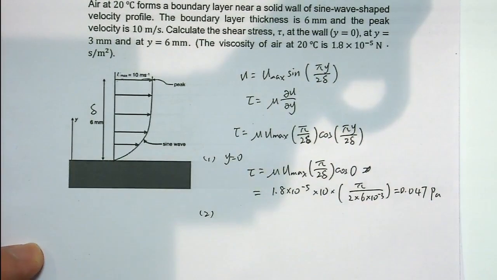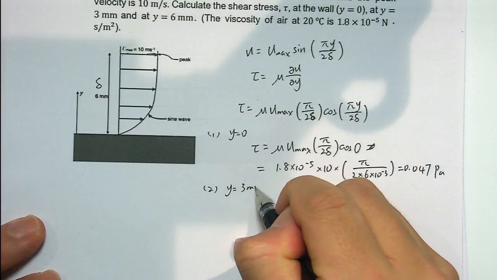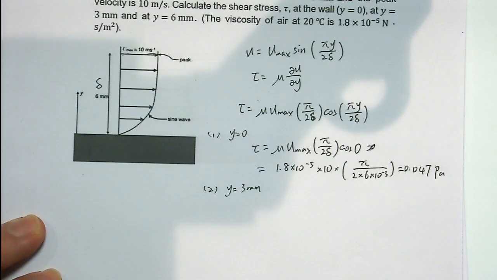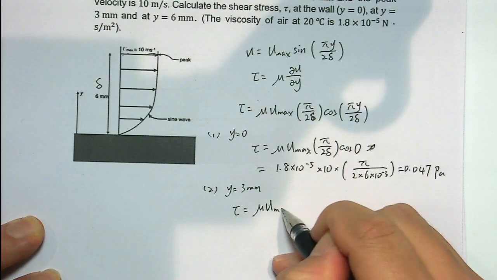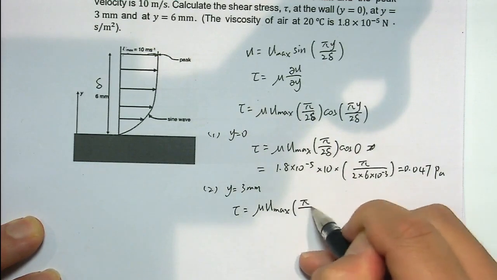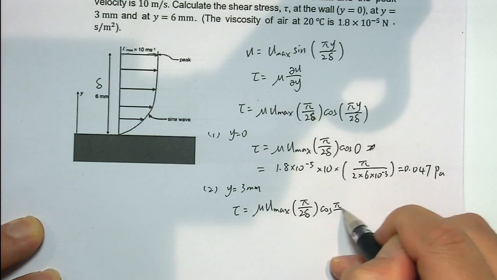Second one, at y is 3 millimeters. We saw that tau is equal to mu u max pi over 2 delta cosine pi over 4.